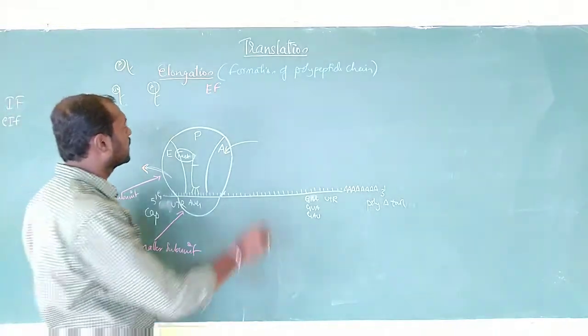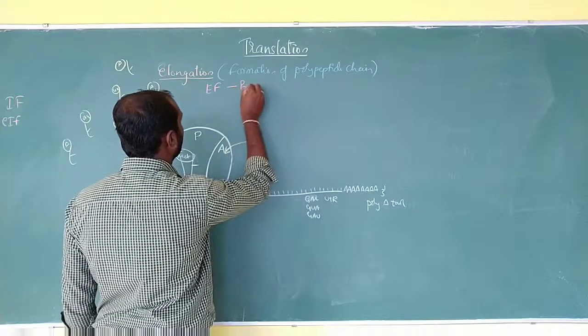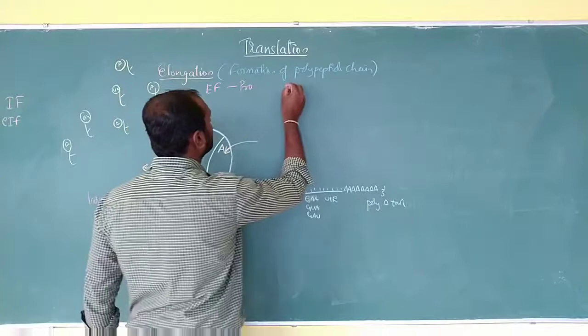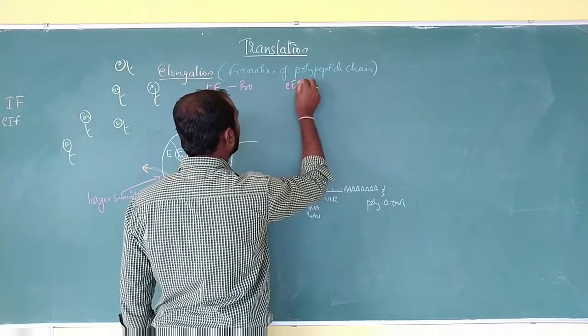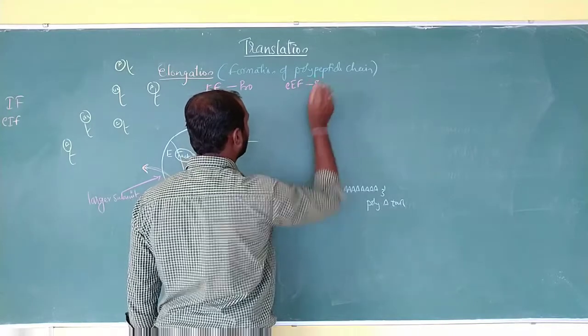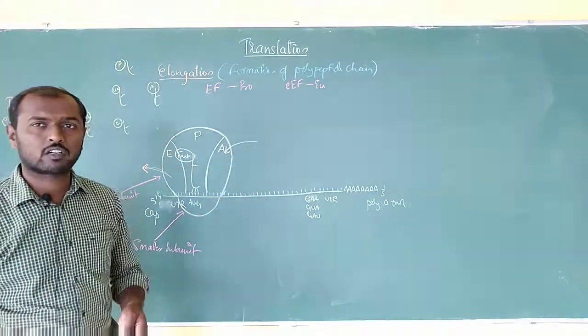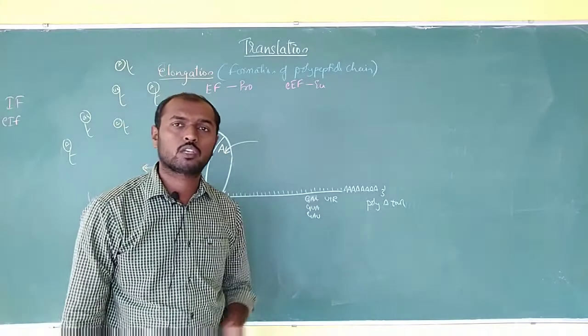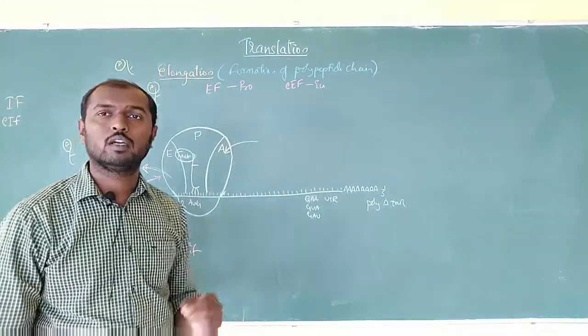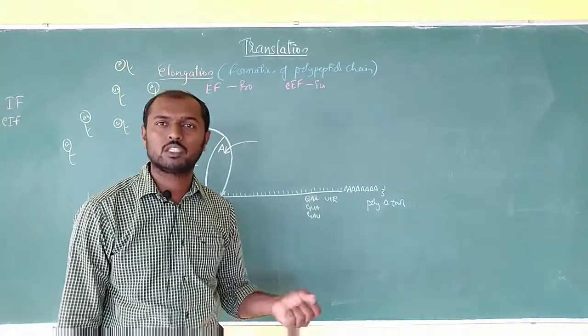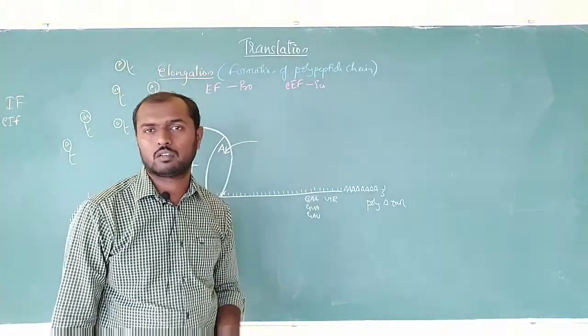Elongation factors in case of prokaryotic and elongation factors in case of eukaryotic are different. So we can see different elongation factors. Usually in case of eukaryotic we get numbers, and in case of prokaryotic we get alphabets, different alphabets.